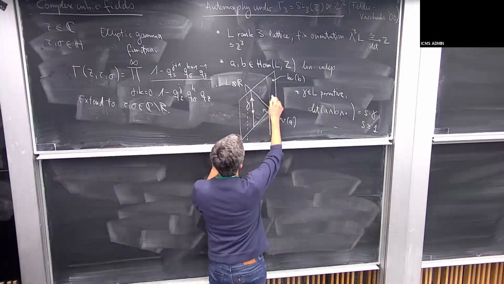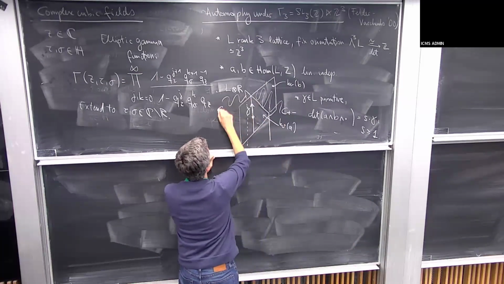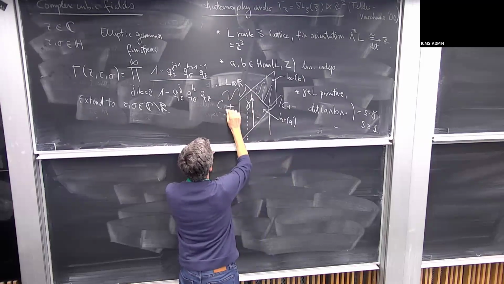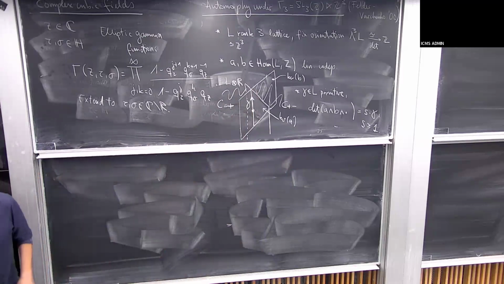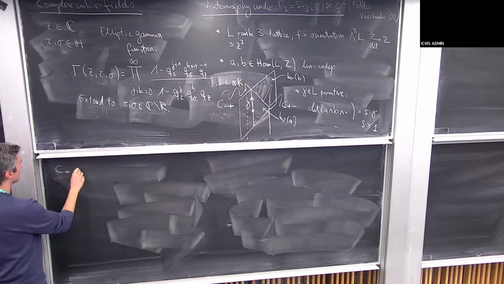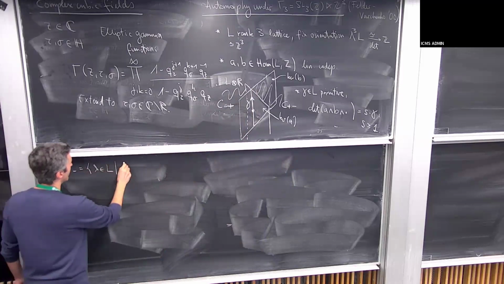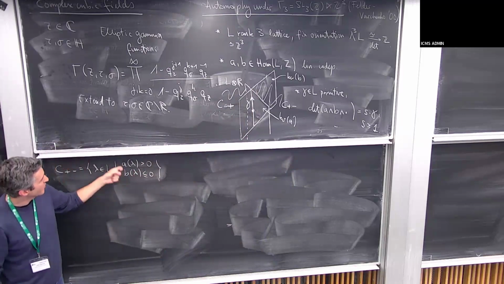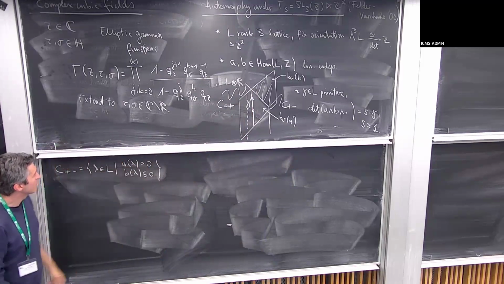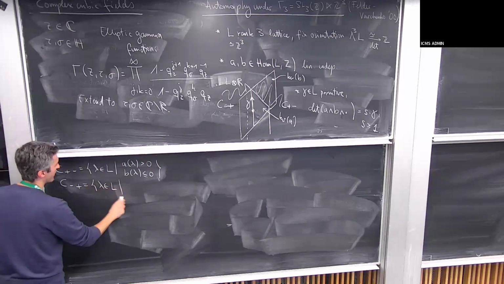And so I will call them something like this. This is what I will call C plus minus, and C minus plus, which are essentially the ones that appeared in Pierre's talk. So here, C plus minus consists of elements in your lattice where the value of A should be positive, the value of B should be non-positive. Similarly for this.